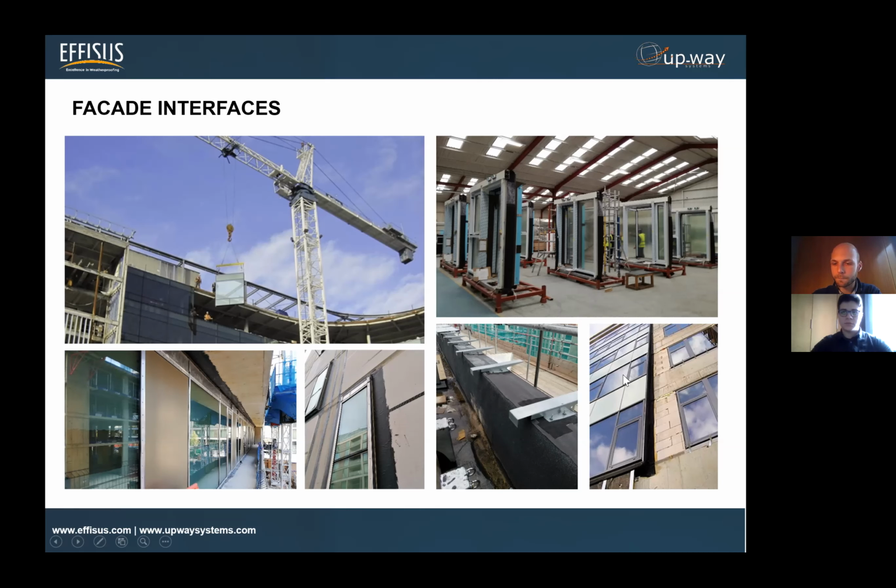And then, for instance, here is just a connection with an existing building. So when you are introducing a new facade system, you always need, of course, to make a perfect and efficient connection with the building that is already there.